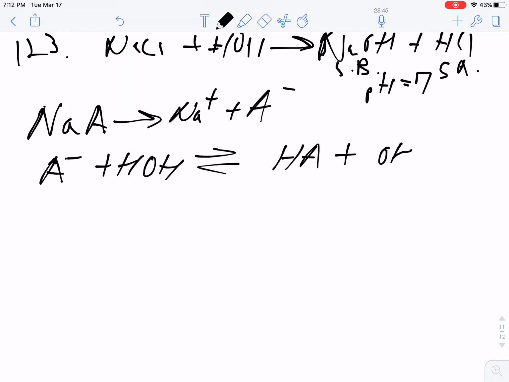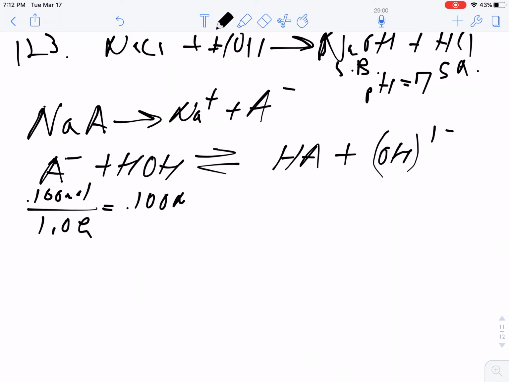The concentration of A minus is 0.1 moles over 1 liter. That gives me a molarity of 0.100 molar. We haven't done this too much, but when you do an ICE table, it must be in molarity. In chapter 15, it'll become more clear why the ICE table must be in molarity.